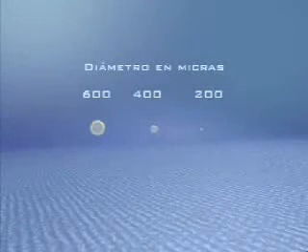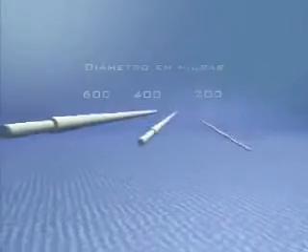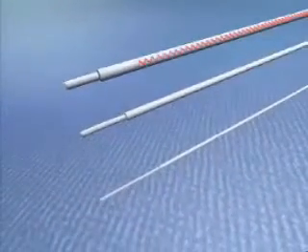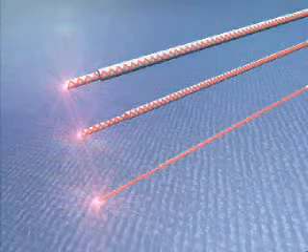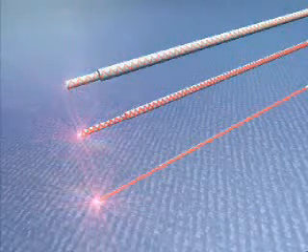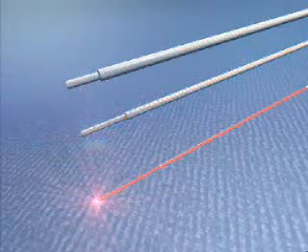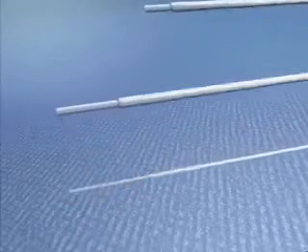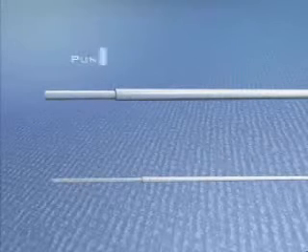Depending on their diameter, optical fibers require power adjustment, since the energy density increases exponentially as the diameter decreases. The ideal compromise between risk of fiber breakage and maximum energy concentration in the fiber is around 400 microns.